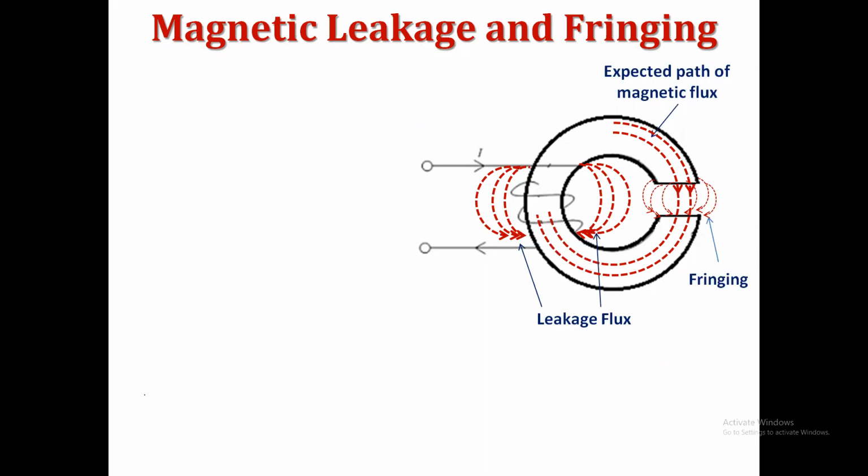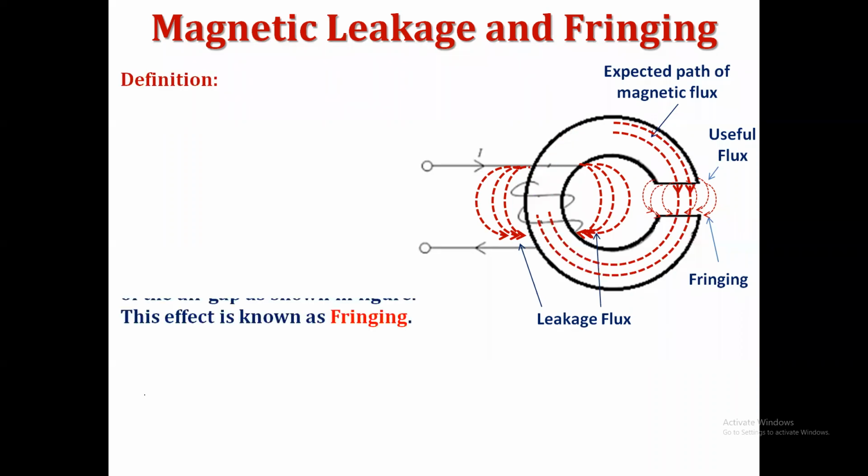This phenomenon is called magnetic fringing. The flux which takes the desired path, available in the air gap, is the useful flux, and the flux which does not take the desired path is the leakage flux.